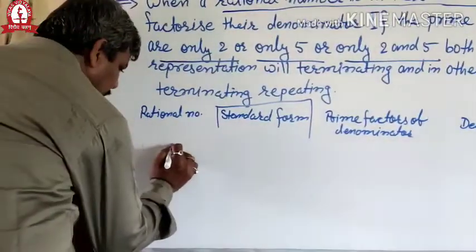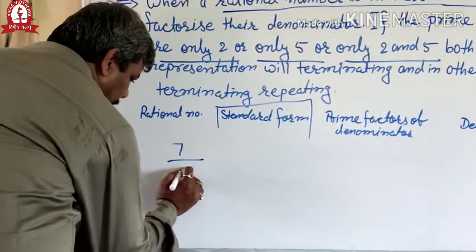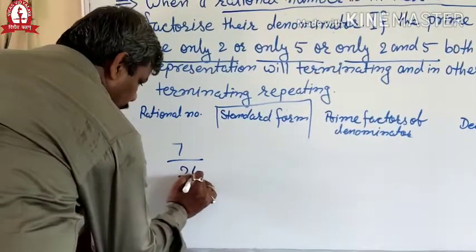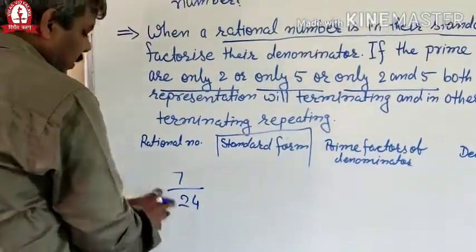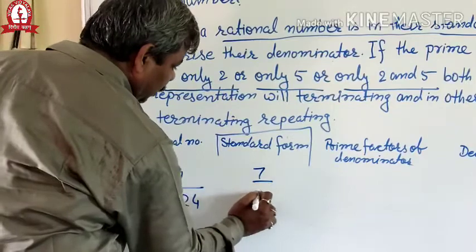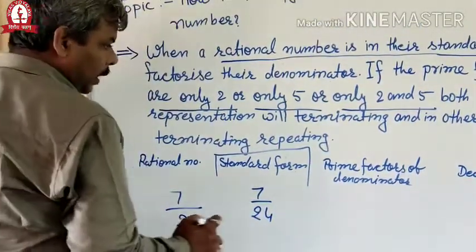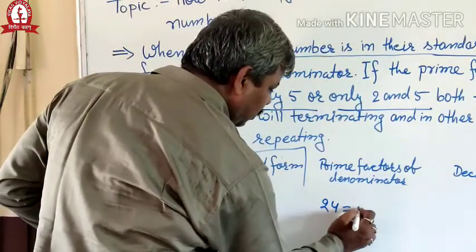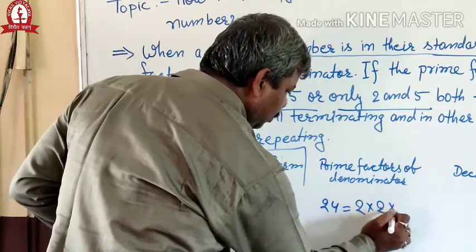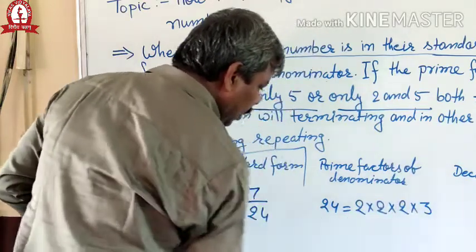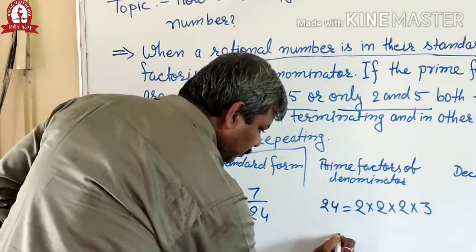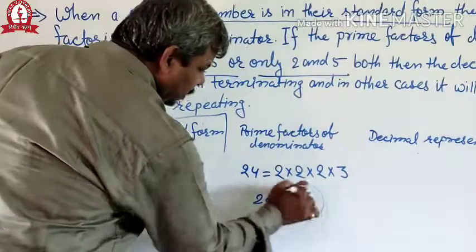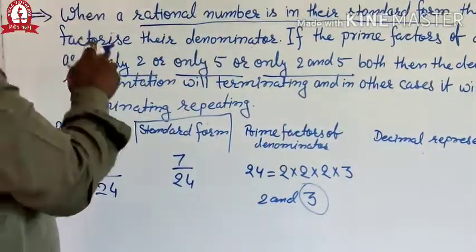Now see one more example. The rational number is 7/24. Here the standard form of 7/24 is 7/24, and now we get the prime factorization of its denominator. 24 equals 2 into 2 into 2 into 3, and here factors are 2 and 3, and this is out of the given cases.